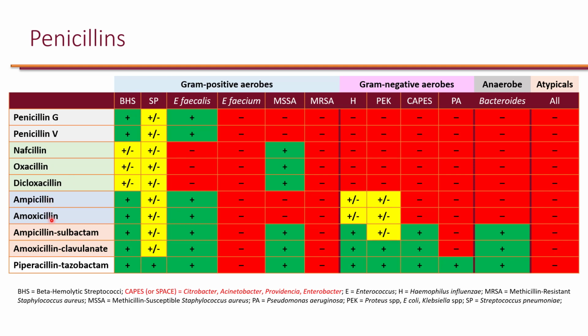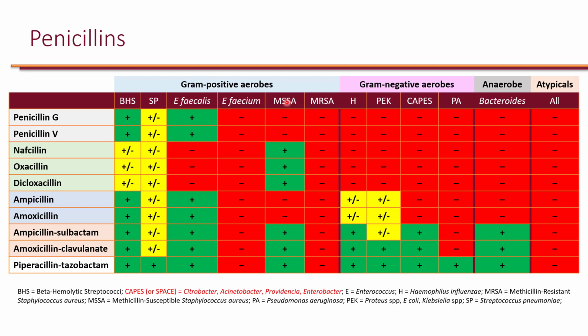Then we have ampicillin and amoxicillin, which have the same activity, and they are just like penicillin, active against wild type E. faecalis, but they are not active against E. faecium. And then we have the combinations ampicillin sulbactam as well as amoxicillin clavulanate, which have the same activity. And then we have piperacillin tazobactam, which again is active against wild type E. faecalis, but not E. faecium. And none of these penicillins are active against the VRE.